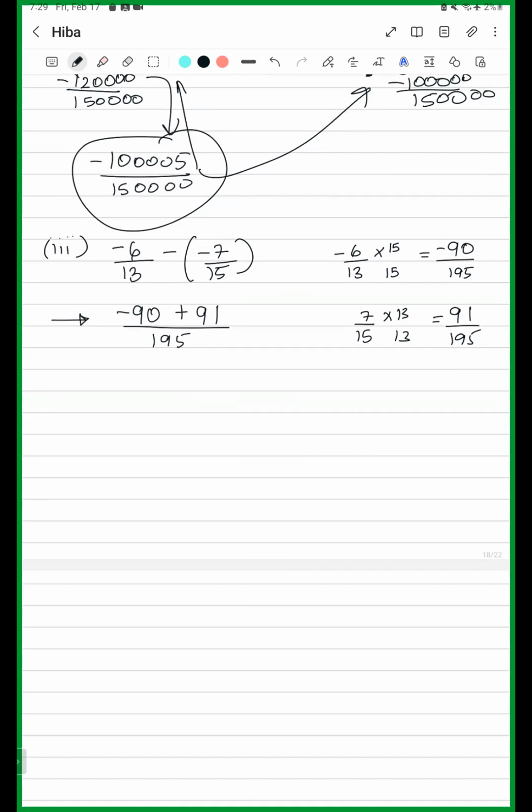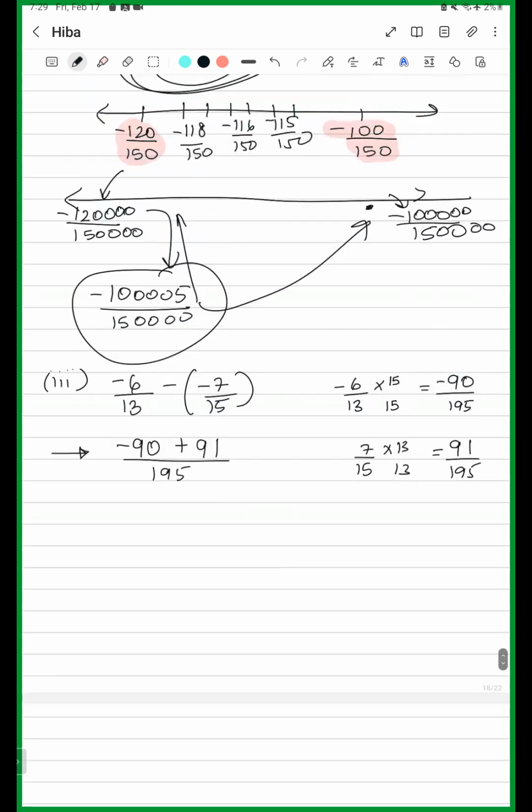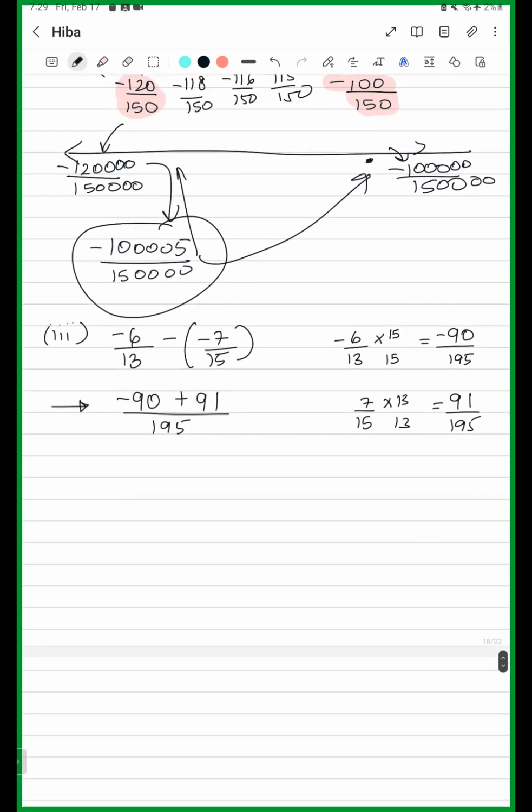Minus minus. Hiba, you only told me that minus minus gives you plus. Yeah, but I was referring to the last answer. Where? Which answer? -90 minus -91.